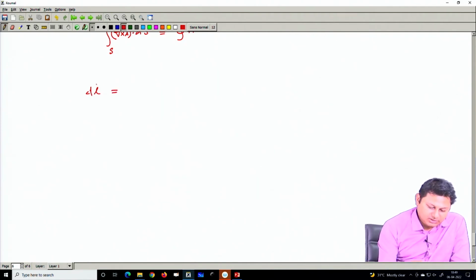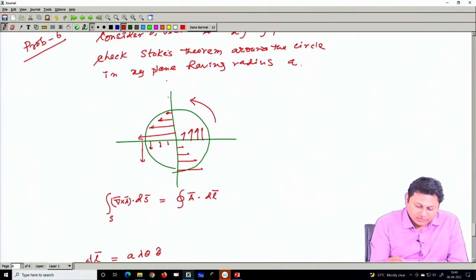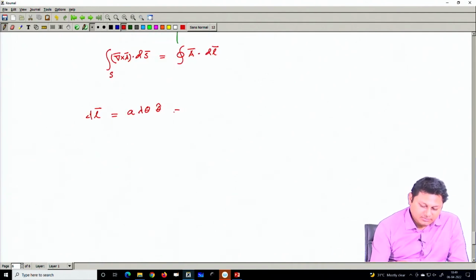So, dl is over this line. The vector dl should be a d theta, a is constant, d theta, and the theta unit vector, because it is over this line.